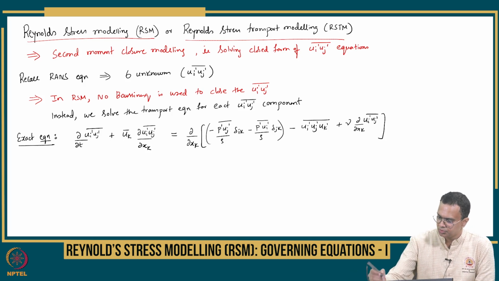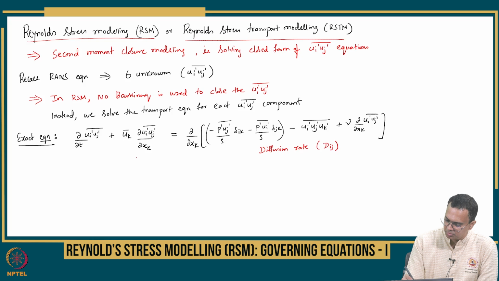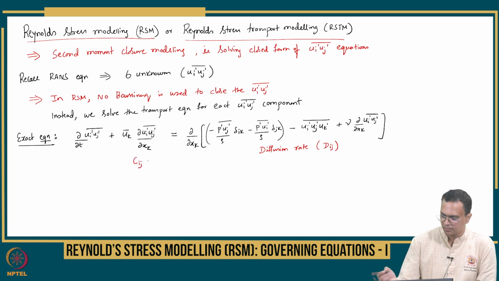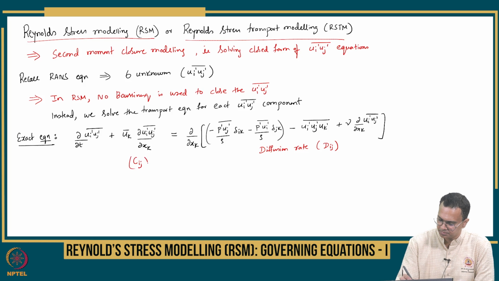So this is your diffusion rate. Symbolically, let's say I write it as dij. The advection or convection rate term can also be symbolically written as cij.